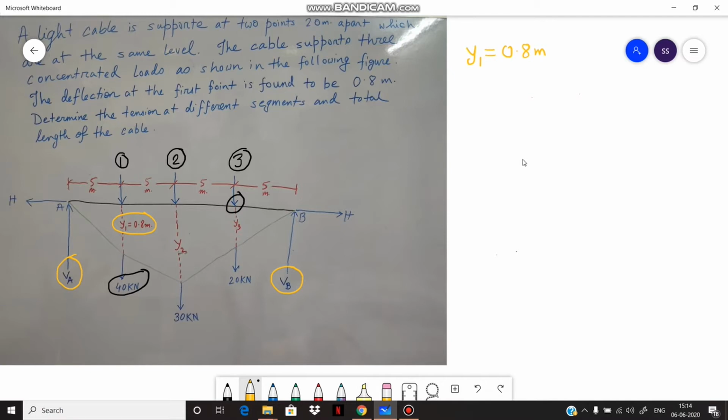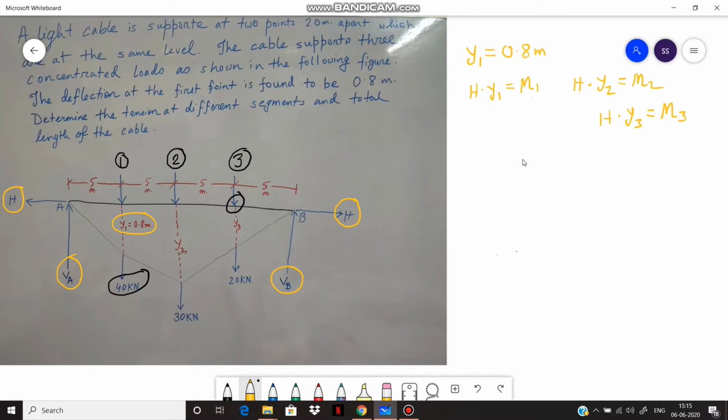And we already know that H into y1 equals to M1, H into y2 equals M2, and H into y3 equals M3, where H is the horizontal thrust.